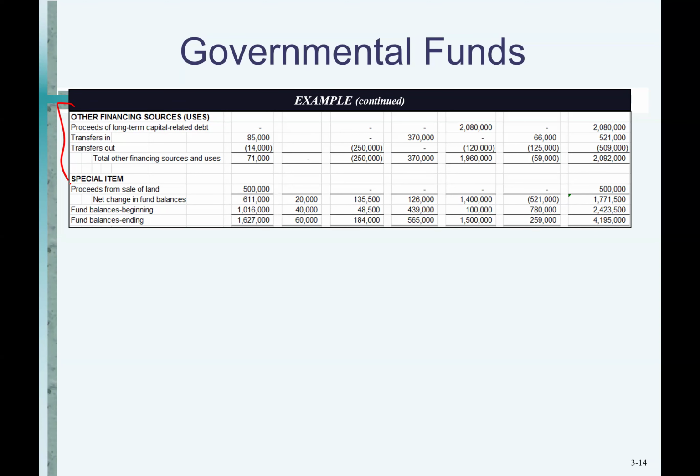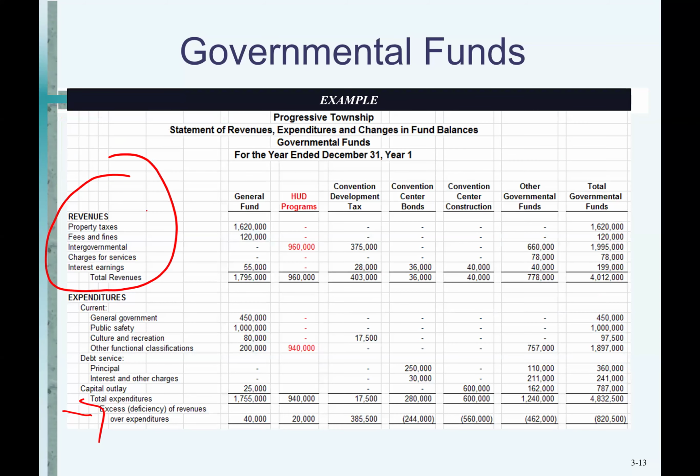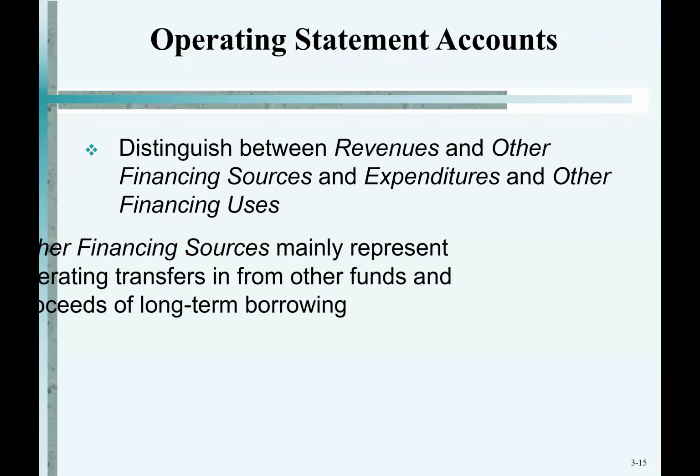Other financing uses are primarily transfers out. Other financing sources are primarily transfers into a fund and then the proceeds of long-term debt. But we're really going to be up here tonight. We'll deal with this stuff more when we get into 4B.